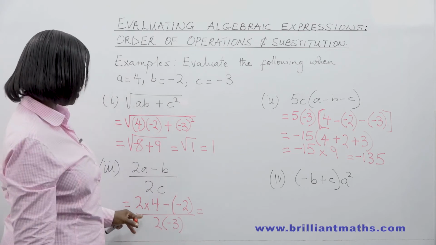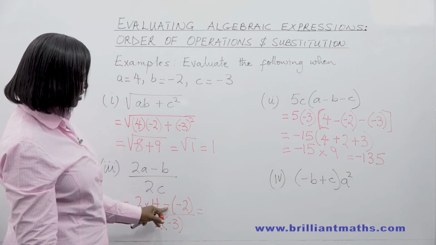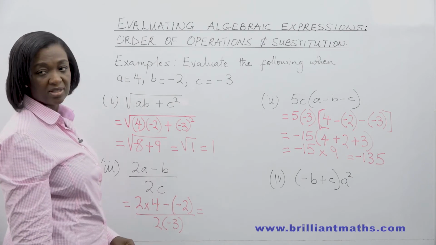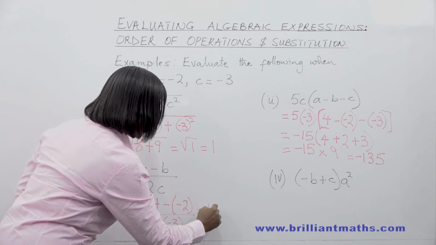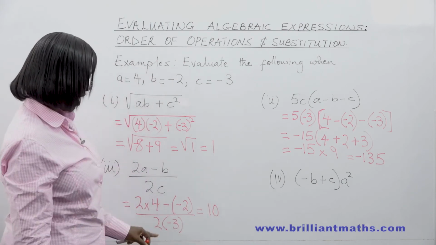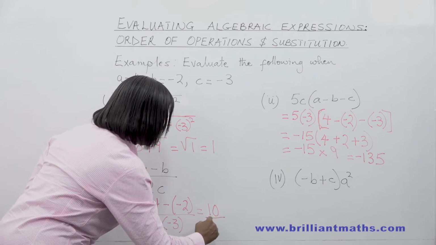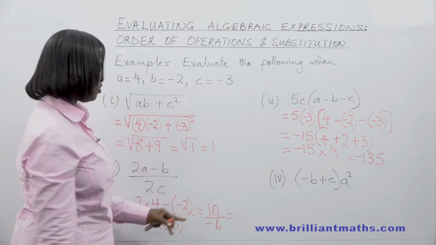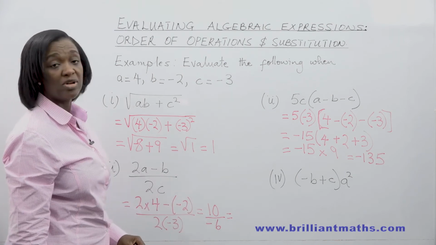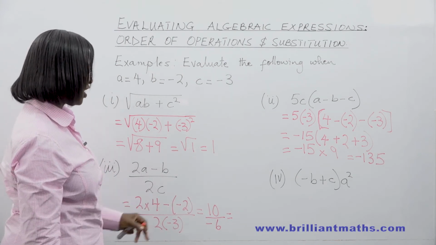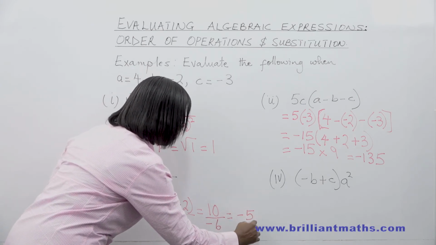So this will give us 2 times 4 is 8. Minus times minus is plus. So 8 plus 2 will be 10. And 2 times minus 3 will be minus 6. We can reduce this to lowest terms. We divide both numerator and denominator by 2, and our final answer will be minus 5 over 3.